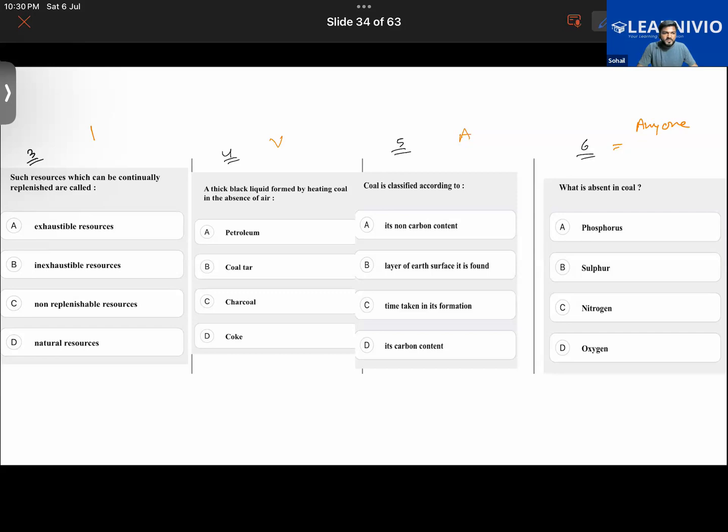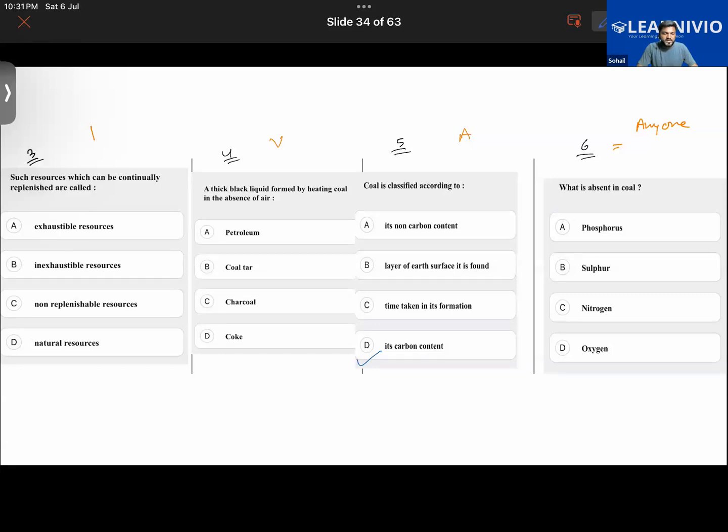Yeah, for the first one also you were required to answer. Aisha, waiting for your answer. Option A. Coal is classified according to... No, sorry, option D. Good. It's carbon content.